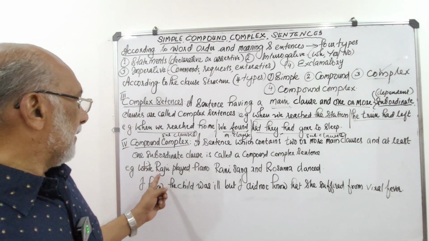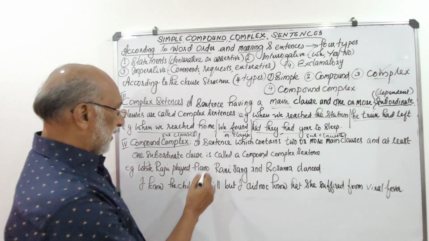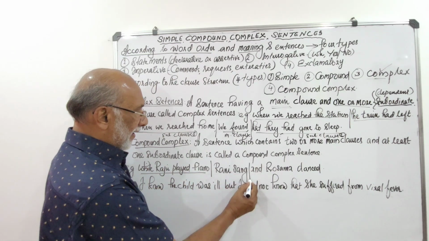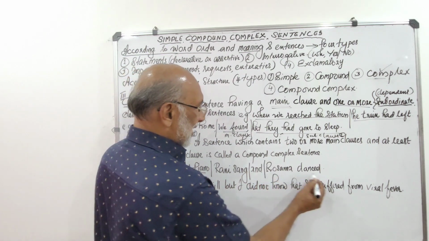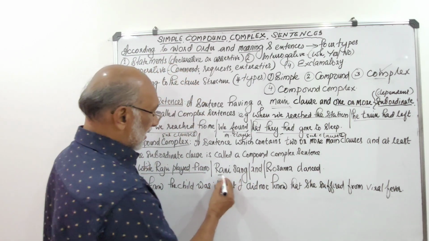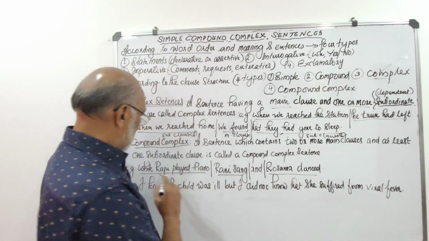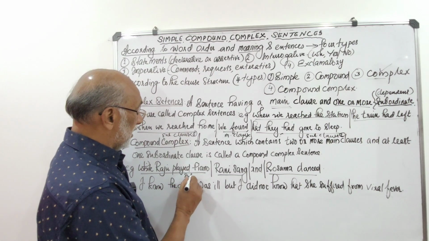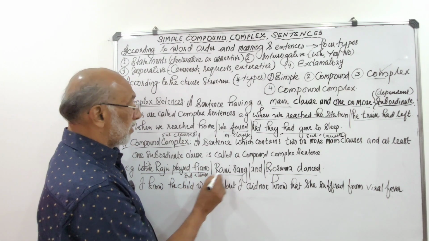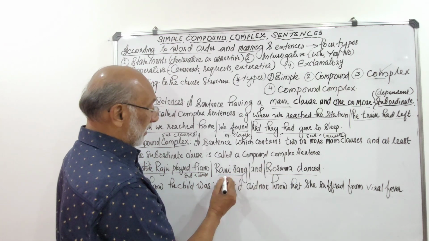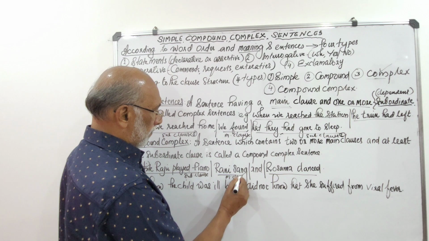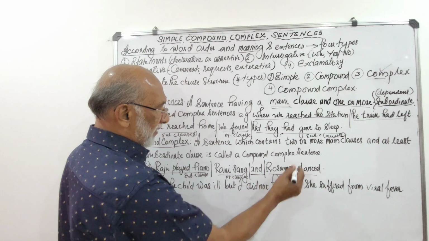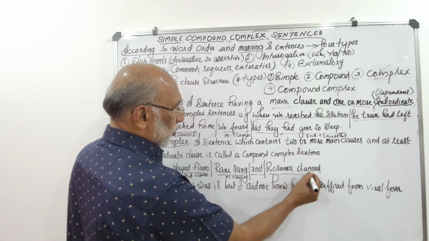Let's see an example. While Raju played piano, Rani sang and Rosanna danced. So here there are three clauses. While Raju played piano, that is a subordinate clause, and Rani sang, that is a main clause, and here we have a conjunction and to join them, and Rosanna danced.